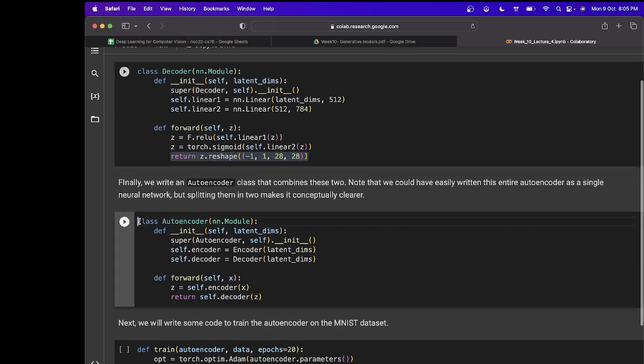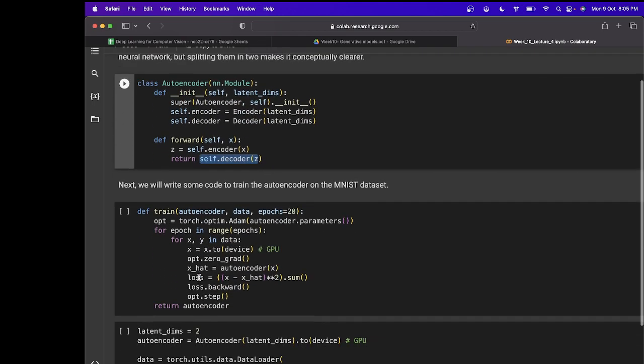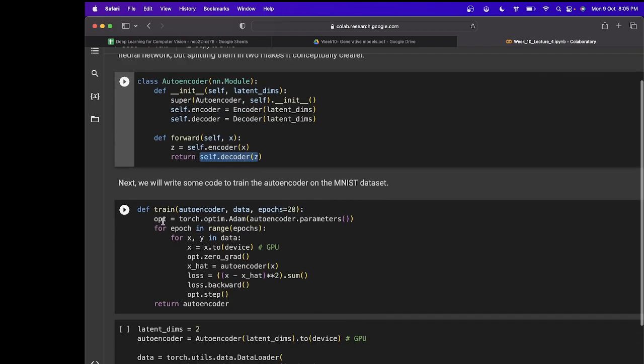Finally, very simple. Your autoencoder class will consist of these two things, the encoder and the decoder, right? For example, given an image X, you pass it through the encoder to generate the Z, and then you pass the Z through the decoder to generate back the X hat. Now the training function is very simple.